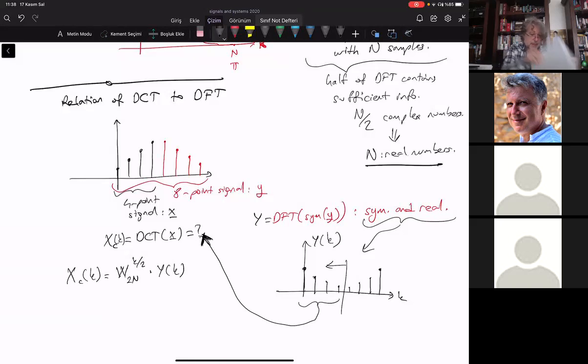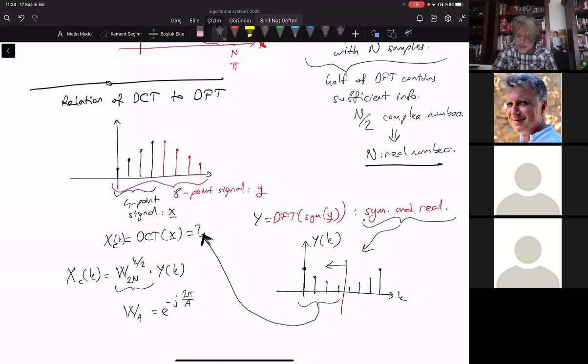And we have the definition of W here somewhere. This thing, W sub A, for any A, where for this one A is 2N, is equal to e to the minus j 2 pi over A.